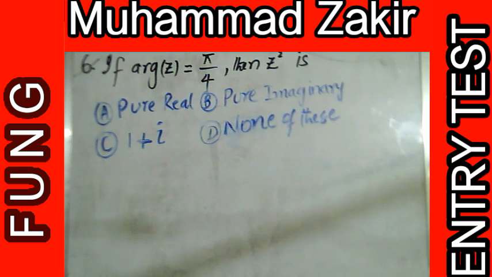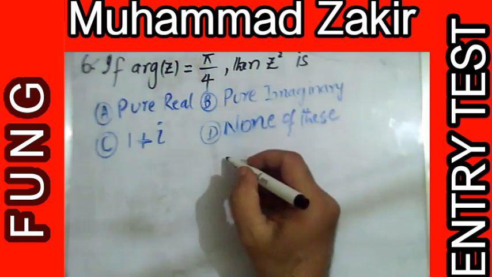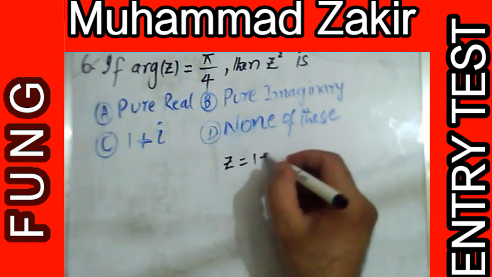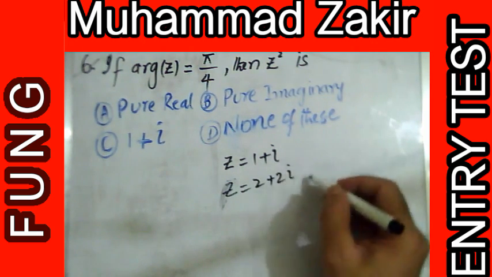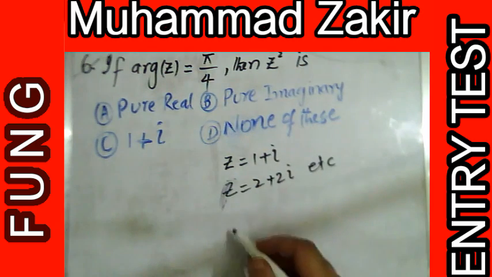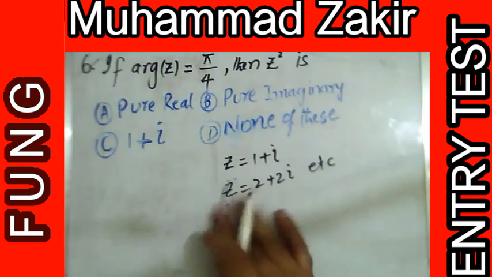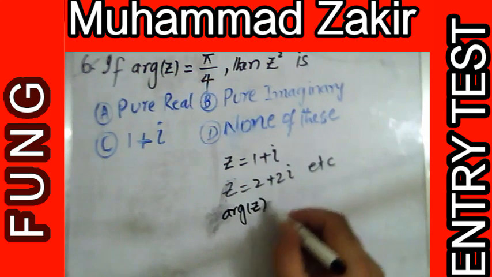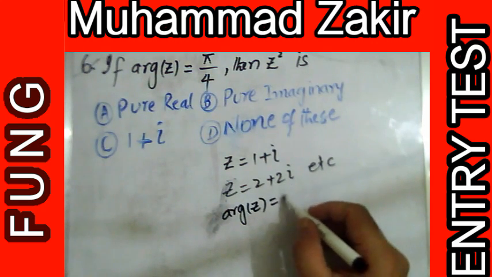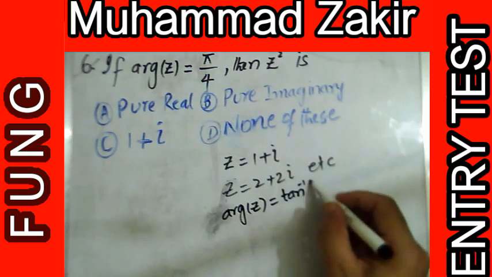One thing we must know is that if z is equal to 1 plus iota, or 2 plus 2 iota, etc., these kinds of numbers have their argument as tan inverse of imaginary by real.